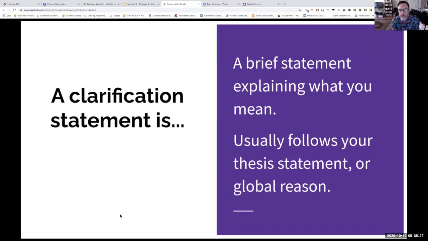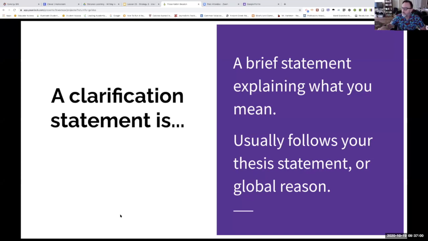It's simply a brief statement explaining what you mean, because sometimes you'll make a statement and it just needs further clarification. And again, if we're talking about something in science or social studies, an area that requires a little bit of expertise, you're going to spend a lot of time writing clarification statements. For instance, I'm reading another book right now called On Gravity, a brief tour of a weighty subject.